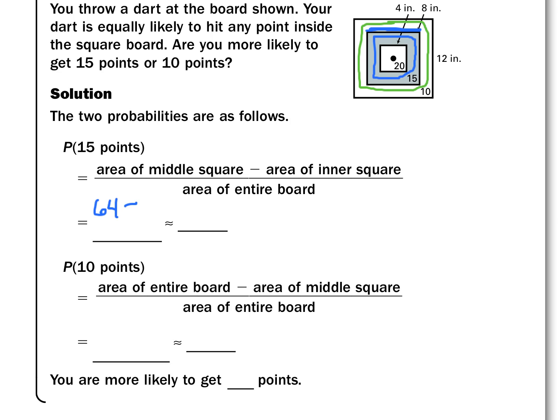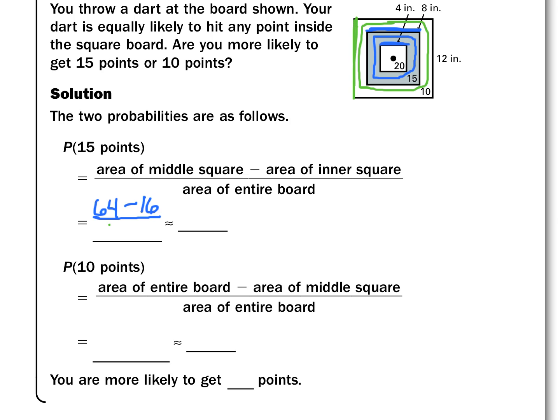So the 20 point is on the inside here. So we're going to subtract that from it, which is 4 by 4, which would be 16 square inches, out of the total area of the entire board, which would be the 12 by 12 around the outside.